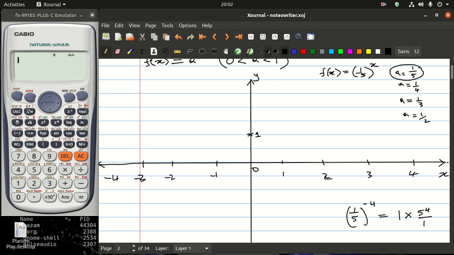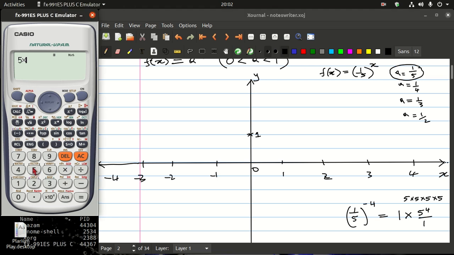So 5 to the power 4 is going to be 5 times 5 times 5 times 5. So we have 5 times 5 is 25. So we get 625, which is a very, very big number that is somewhere up there.